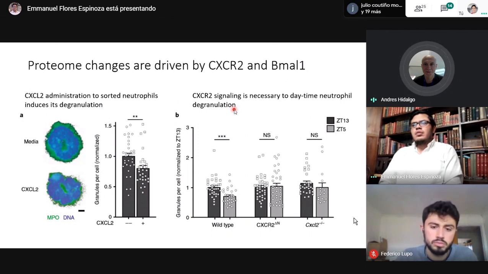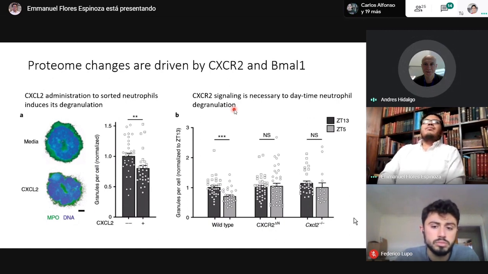This is exogenous and at a concentration that was relatively high. The levels in plasma of CXCL2 are very low. Actually, they're so low that we had a hard time detecting it, and this is not in this paper; it's from the previous Immunity paper. So here it's more a qualitative response. CXCL2 is able to induce this response.